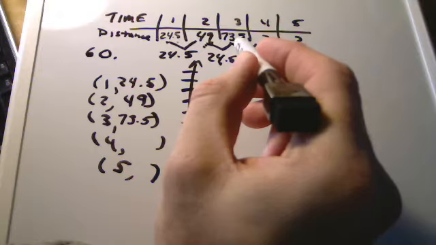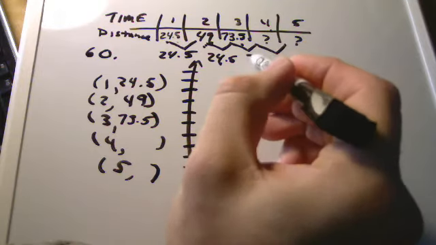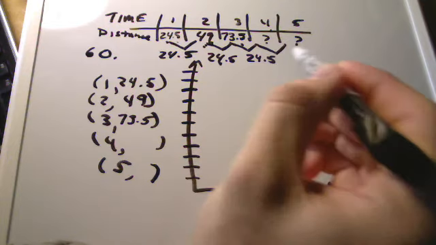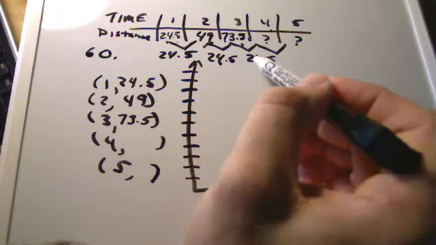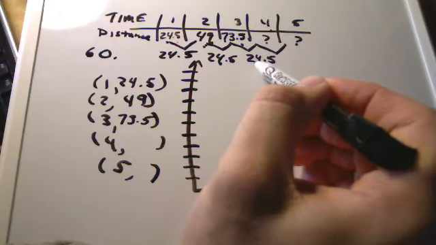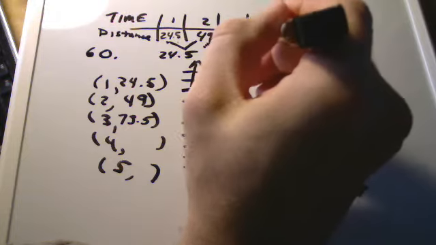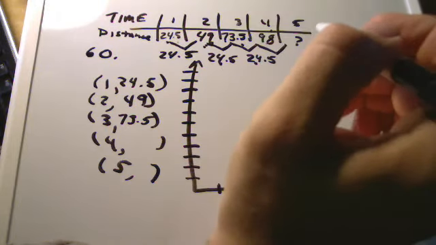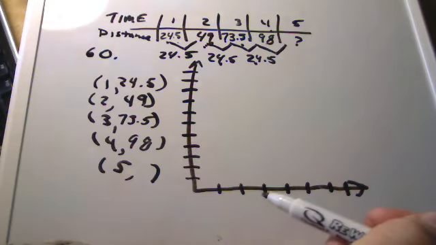Now from 73.5 to the fourth hour, I add 24.5 again, because it changes at a constant rate. I know 73 plus 24 is 97, but since I have two halves, it's going to be 98. So now I can put 98 down in my ordered pair right there.